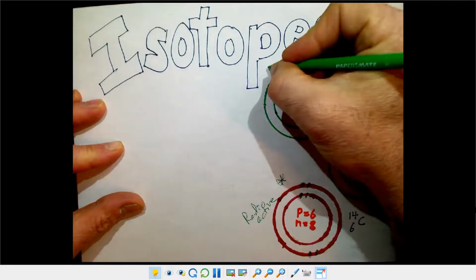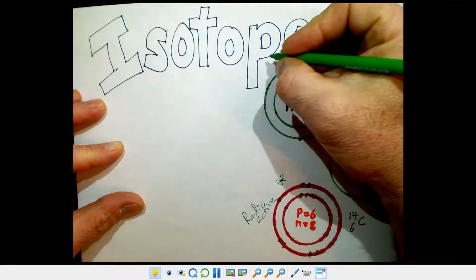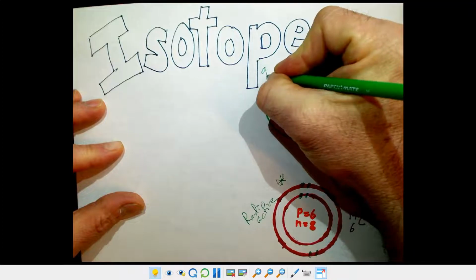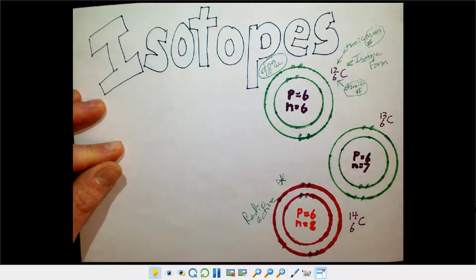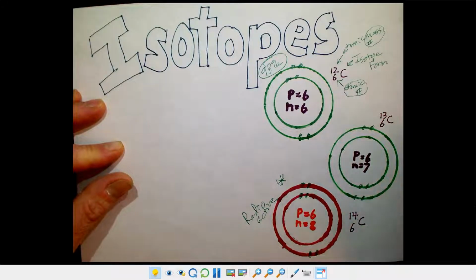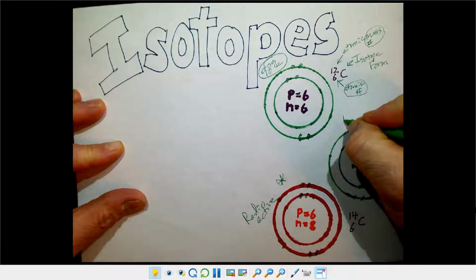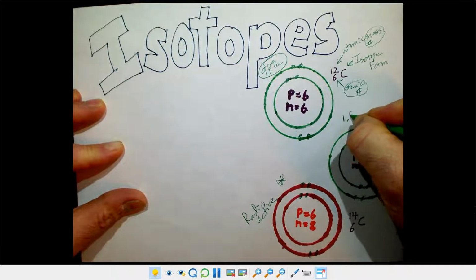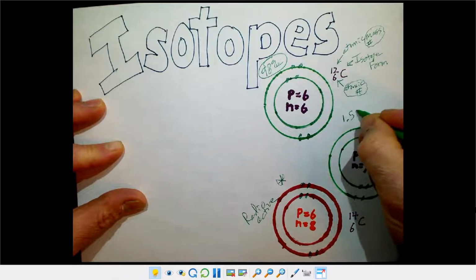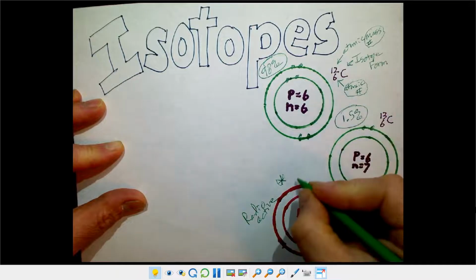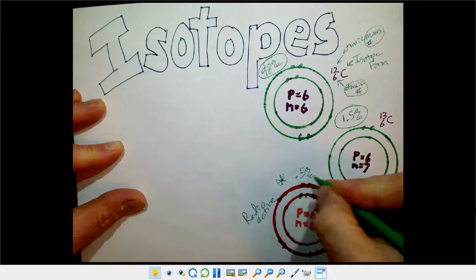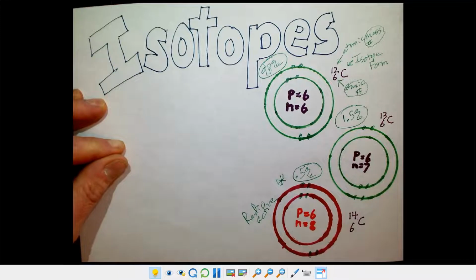And let's just say that maybe that represents, let's say 98% of all of the carbon in the world is in the form of carbon-12. And let's say that maybe for this next isotope, carbon-13, let's say that maybe 1.5% of all of the carbon in the world happens to be carbon-13, and let's say that maybe only 0.5% is carbon-14.